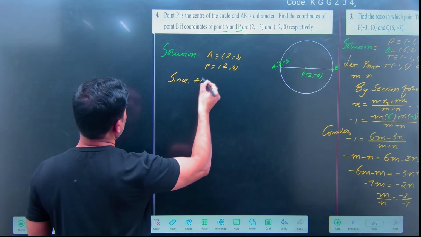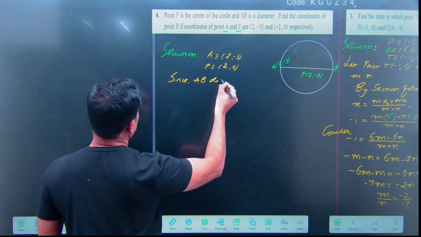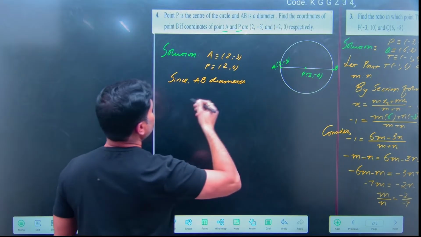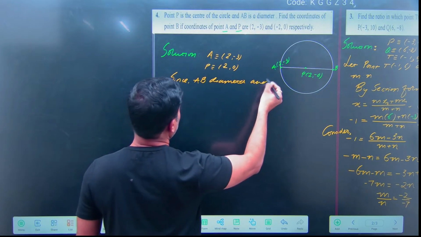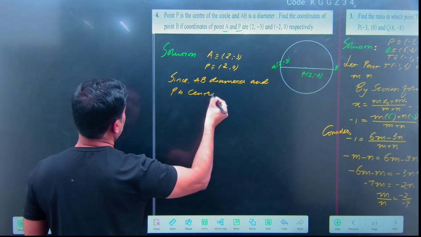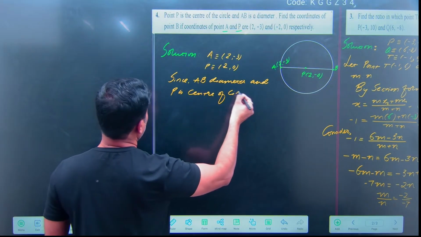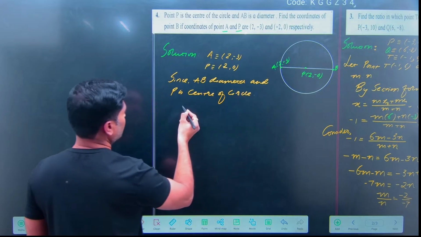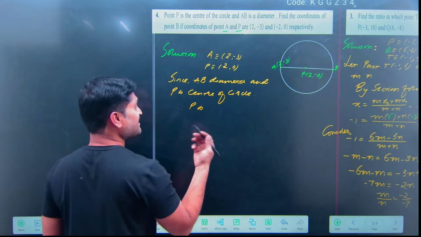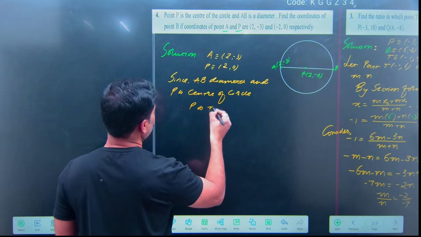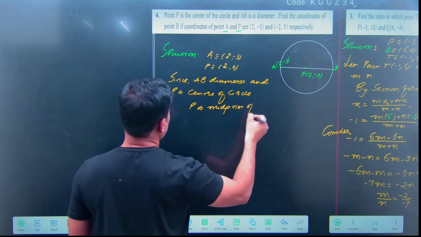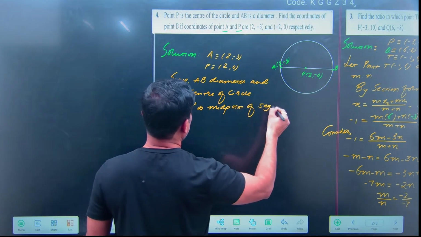Since AB is diameter and P is center of circle, therefore automatically P becomes midpoint of segment AB. Therefore P is midpoint of this diameter, means segment AB.